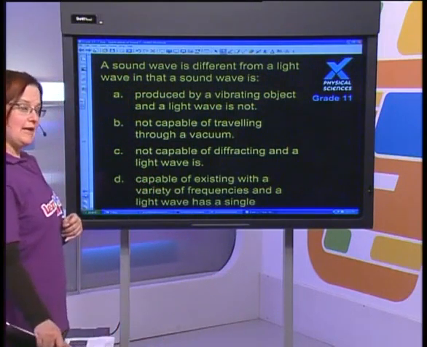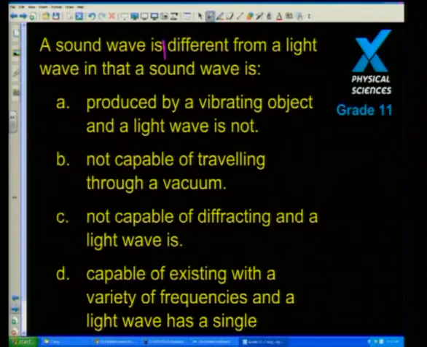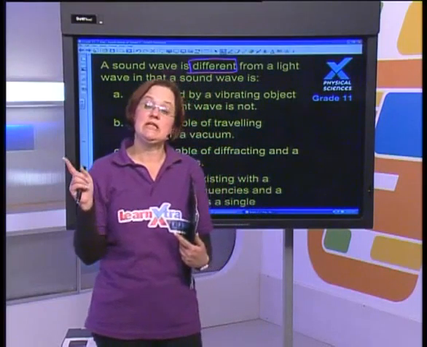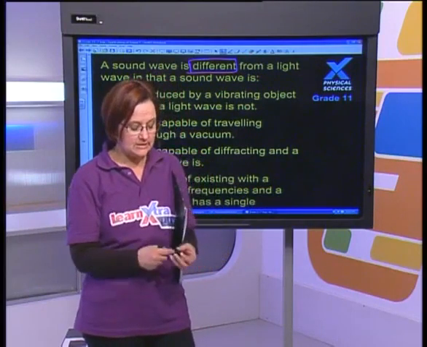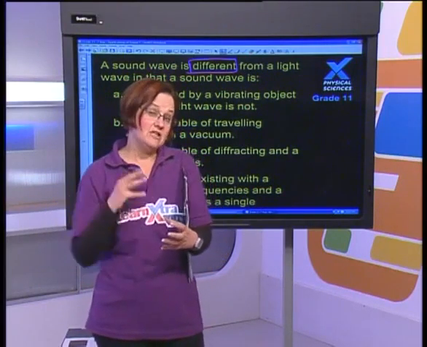A sound wave is different from a light wave in that a sound wave is, A, produced by a vibrating object and a light wave is not. That is not true. Light is produced in the sun, the most obvious place to get right back to the basics. Inside the sun, we have an explosion happening.